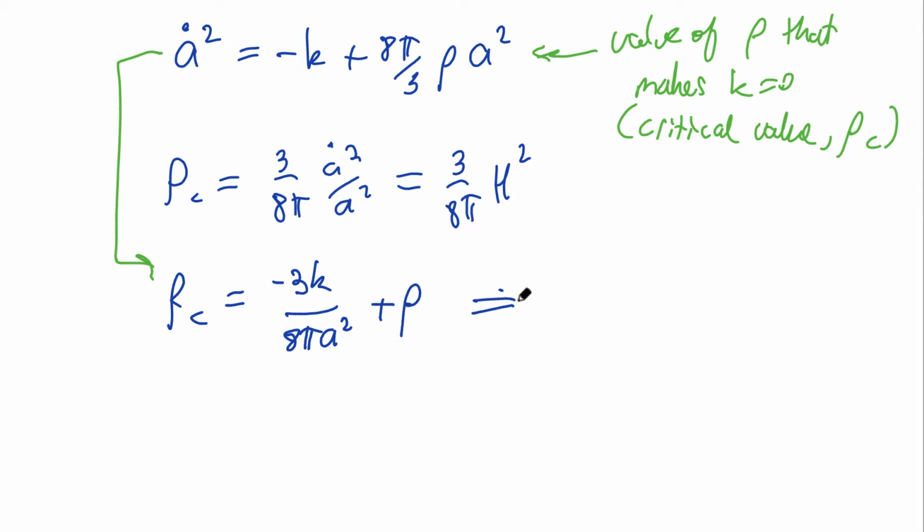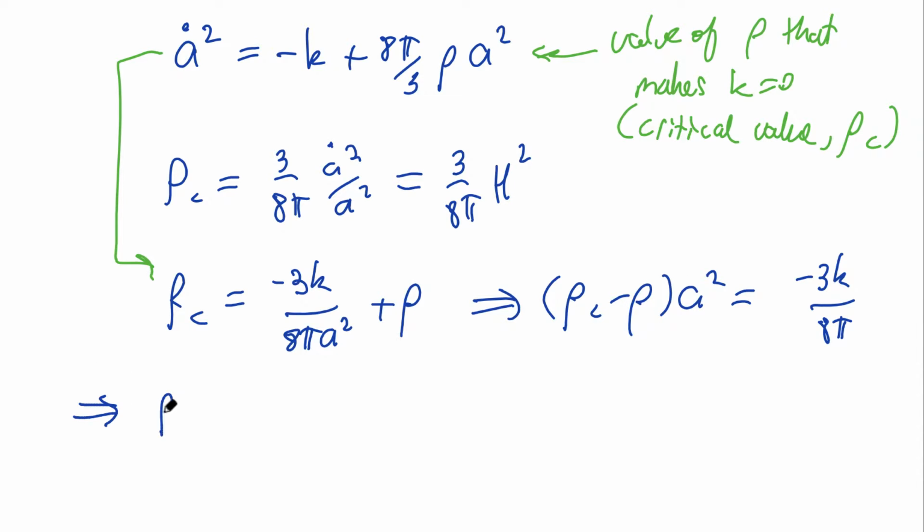Now this equation can be rearranged to give rho c minus rho times a squared equals minus 3k over 8 pi. Now let me divide this factor by rho and multiply this factor by rho. So what we have is rho c over rho minus 1 times rho times a squared equals this constant. This is a constant in time.